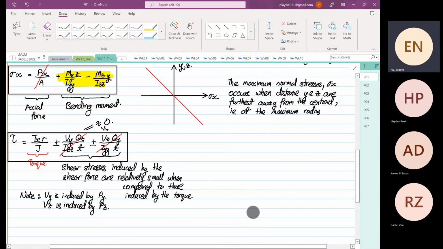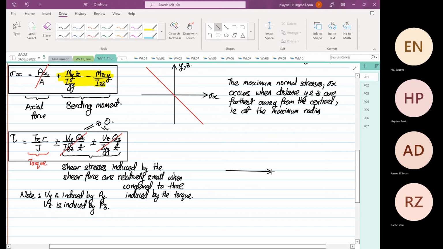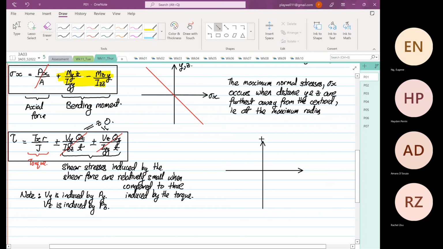So if we look at the shear stress distribution down here now, I'm going to draw it. This is our radius, and this is our shear stress.